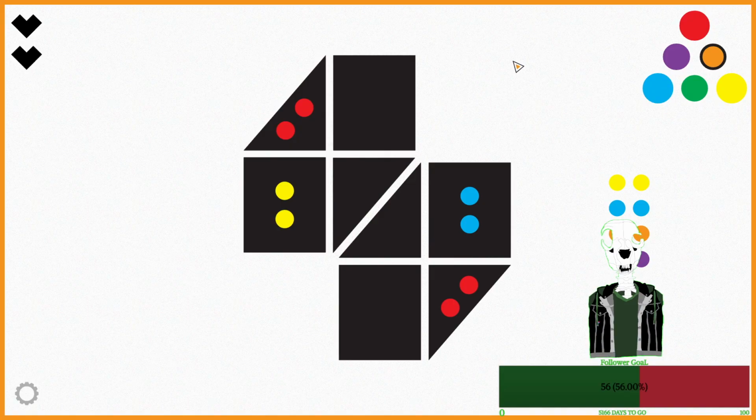Is there a way to tell what anything is? This is probably yellow, but until we know what this is, we can't know.